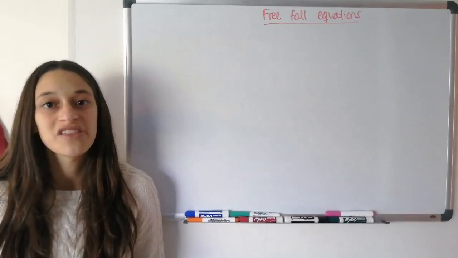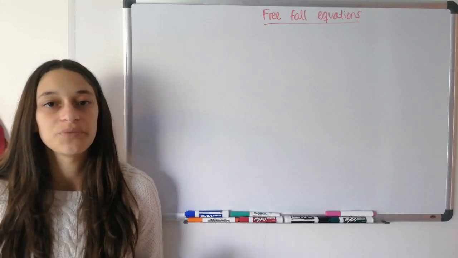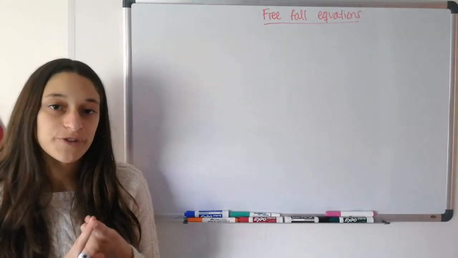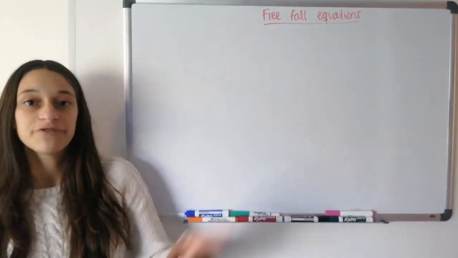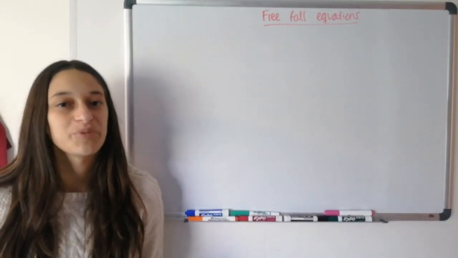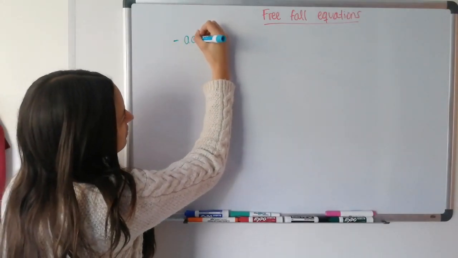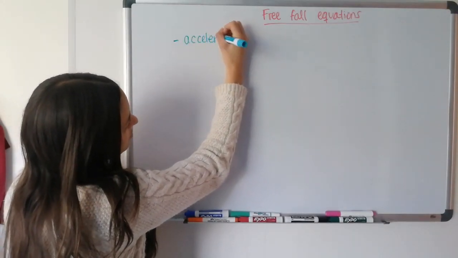We're going to start with 3 statements that are going to determine what we're going to do and when these equations work. The first one is that because we're talking about free fall, the acceleration is always 9.8. So that's one of the things that we need to have always in these examples.